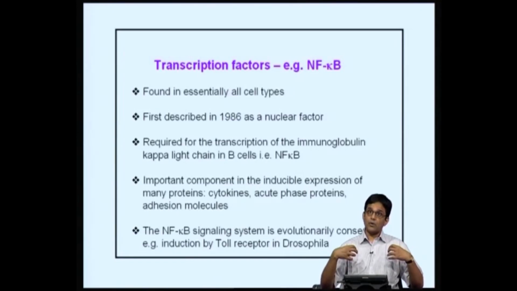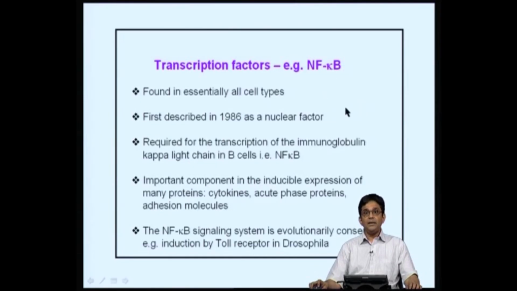So, for toll activation and toll-like receptor activation in mammals, NF-kappa B is playing an important role. So, you can see the conservation of both the receptor, the signal transduction, and especially an important transcription factor like NF-kappa B, and it tells you about the conserved signaling and processes in innate immunity in lower organisms as well as higher organisms such as mammals.